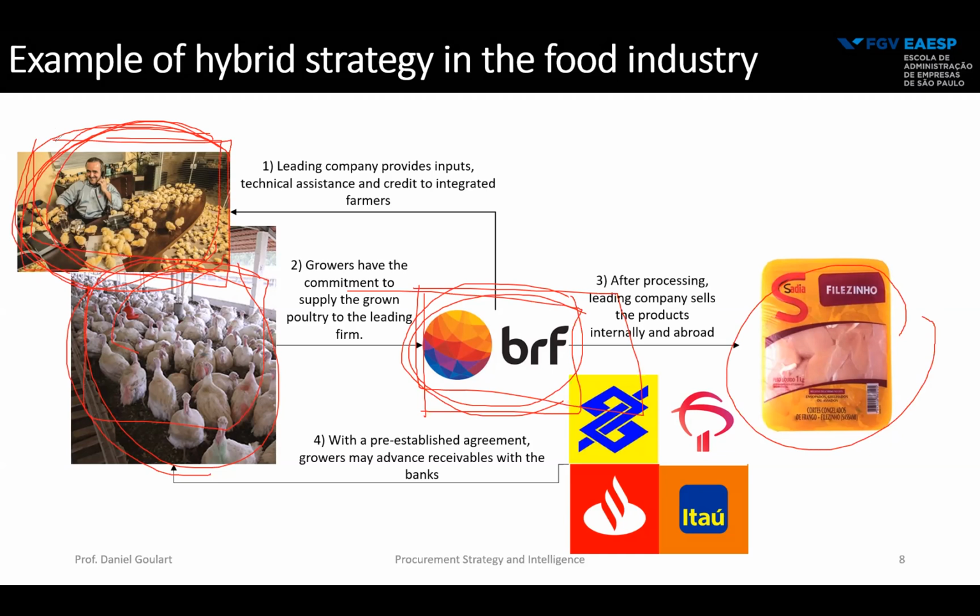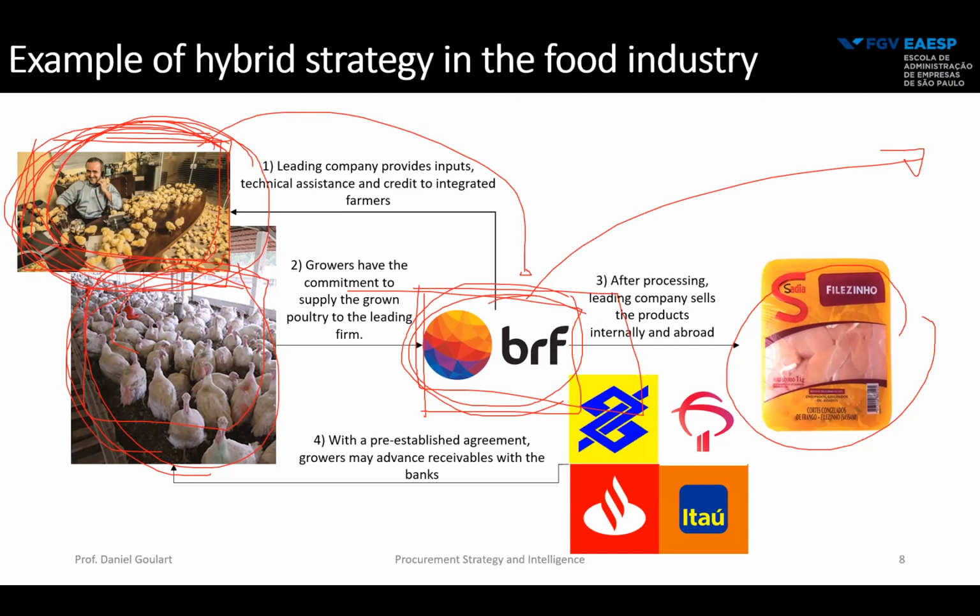What they do is deal with several small farmers that are in charge of growing the poultry and supplying BRF with those animals. But hey, this is a very dangerous relationship because BRF needs poultry, and BRF has several heavy contracts, mostly with importer markets.